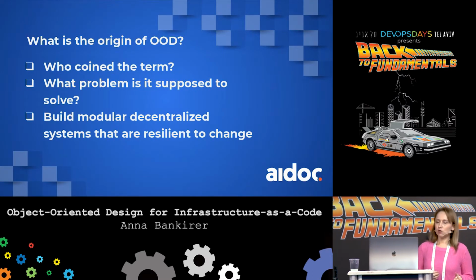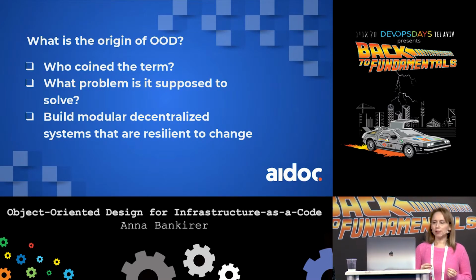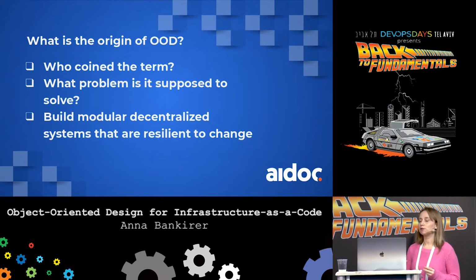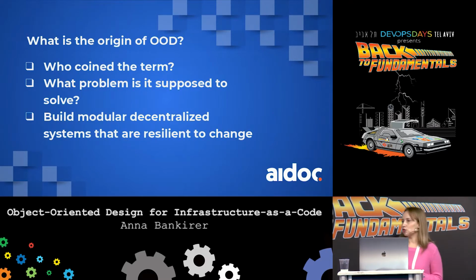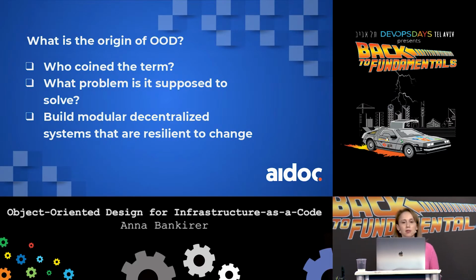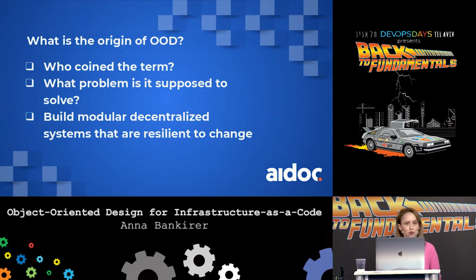This design leads to a system that is really modular. It can scale well. It can be broken down to microservices and even run on different machines, leading to a decentralized, distributed system. The most important property is that it's resilient to change.